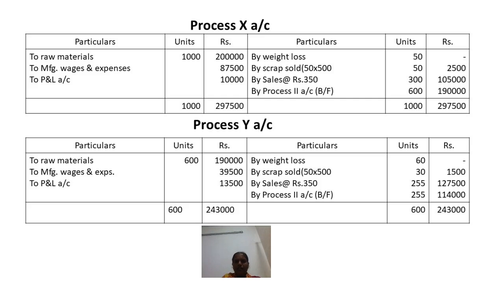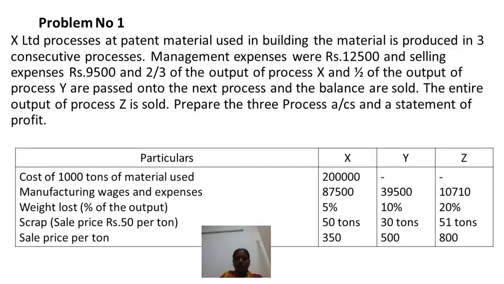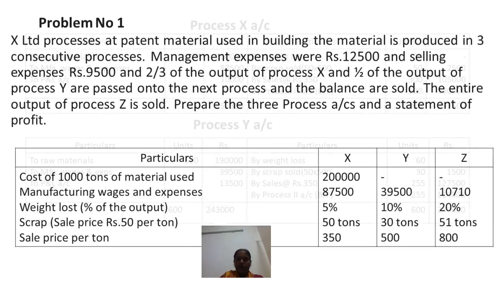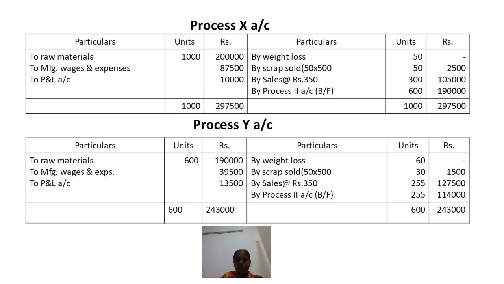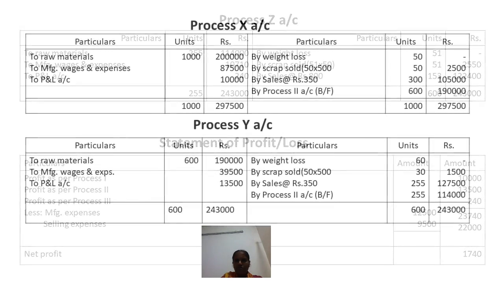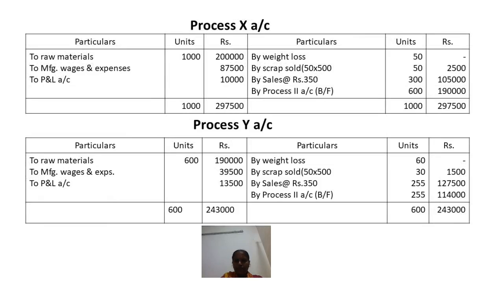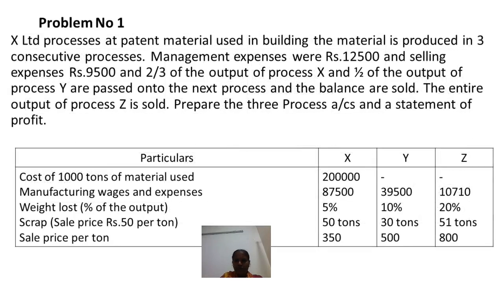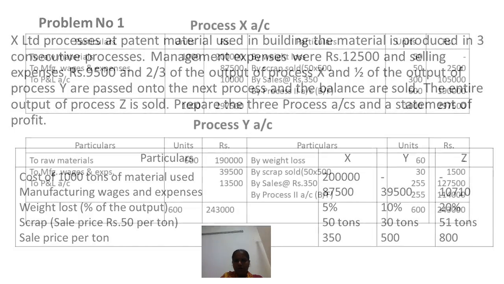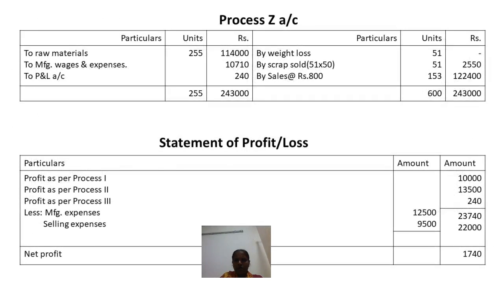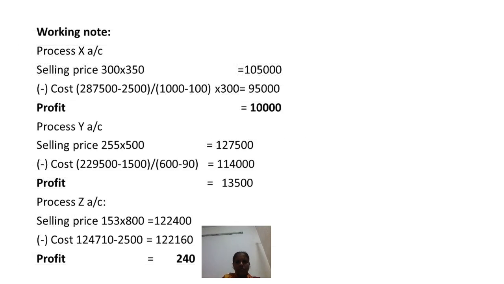Then selling units, how many units are getting sold here in this case? 500 units are getting sold. So in this case we have to find out the profit.